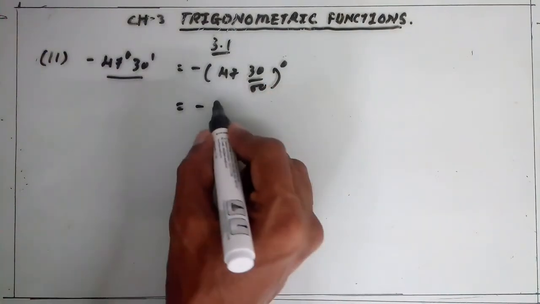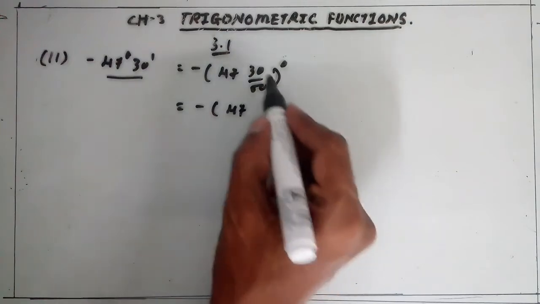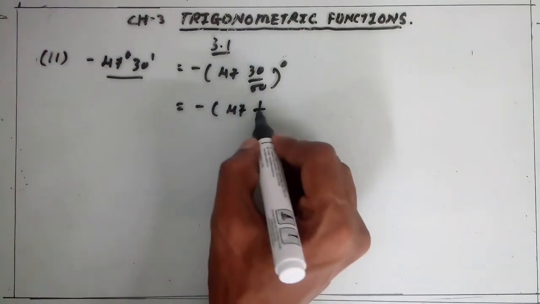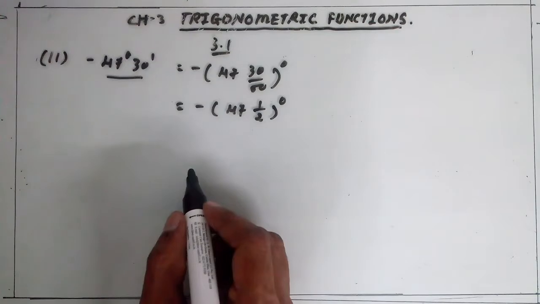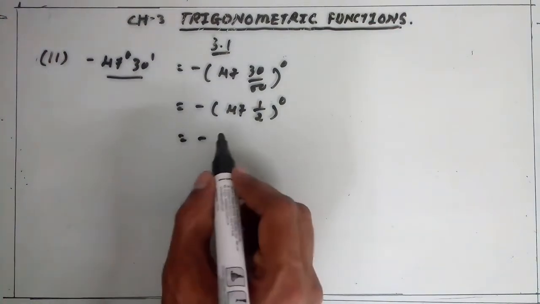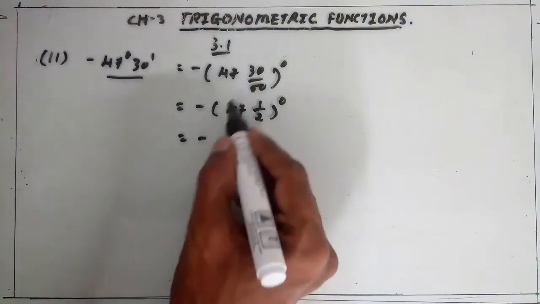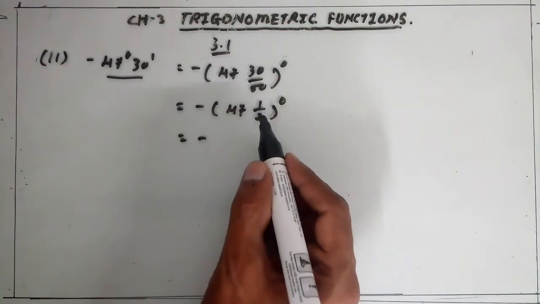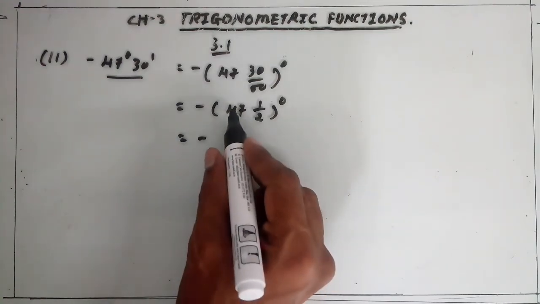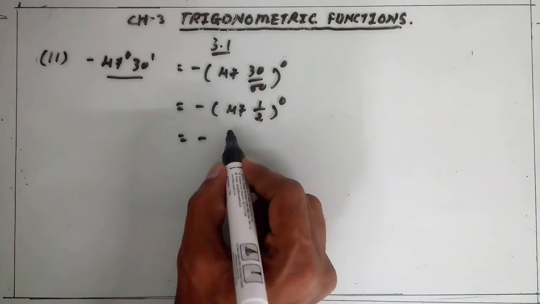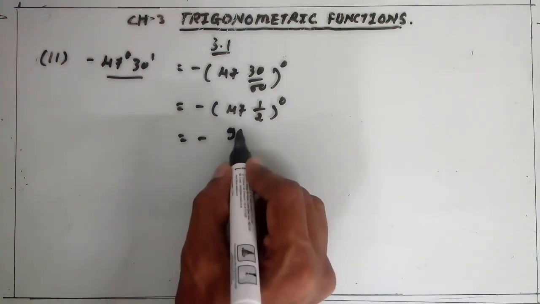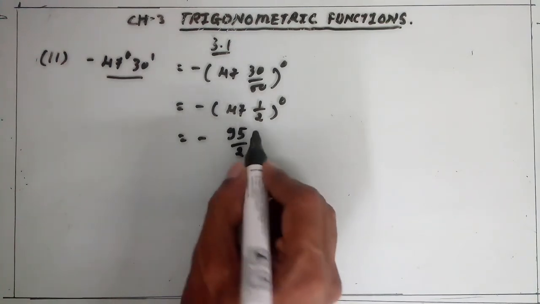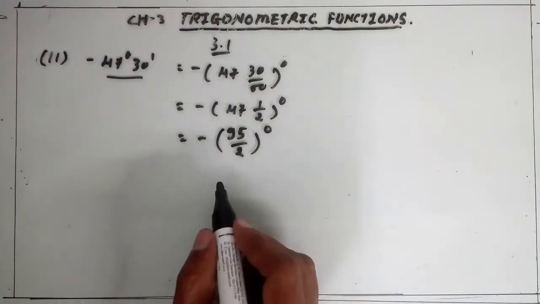So it is equal to minus 47, 30 upon 60 is 1 by 2 degree. So it is equal to minus, mixed number changed into rational form, 47 into 2 plus 1 is equal to 95 upon 2 degree.